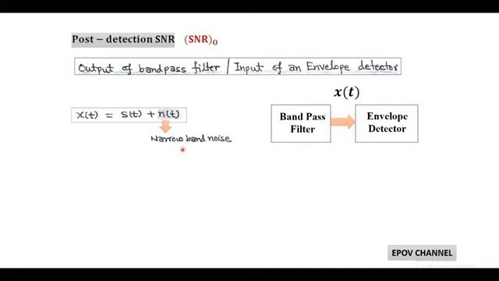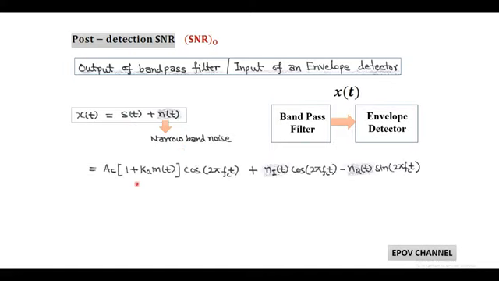So we put s(t) as a double sideband full carrier signal, and it is equal to Ac[1 plus Ka m(t)] cos 2 pi fc t, and n(t) as a narrowband noise in terms of in-phase and quadrature component, which is nI(t) cos 2 pi fc t minus nQ(t) sin 2 pi fc t.